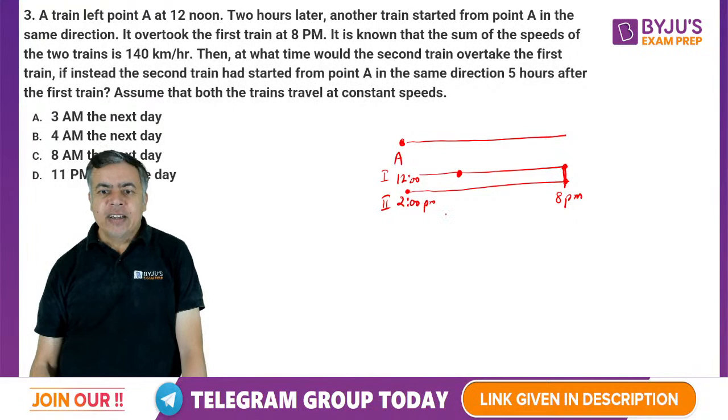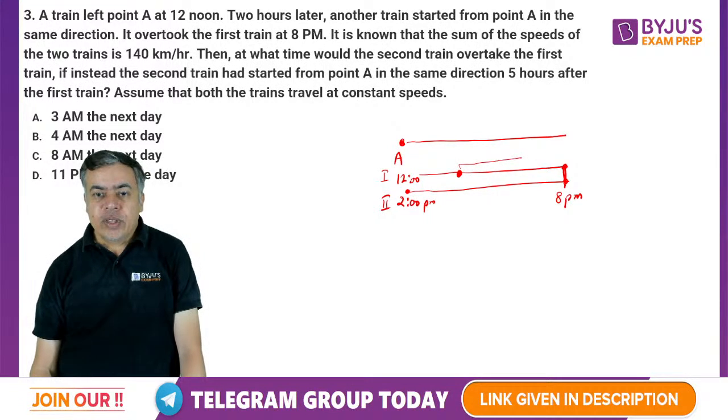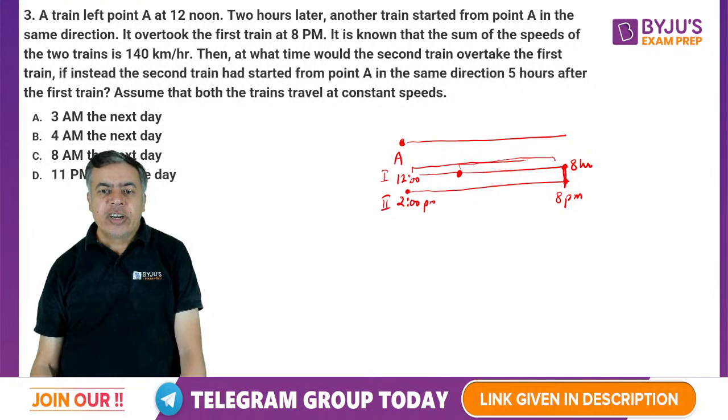Now see the distance which was covered: train 1 covered it in 8 hours, train 2 covered the same distance in 6 hours. So the time taken ratio is 4:3. So the speed ratio of train 1 and 2 must be 3:4.